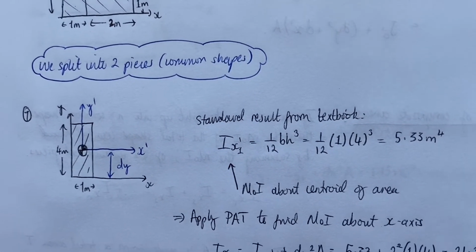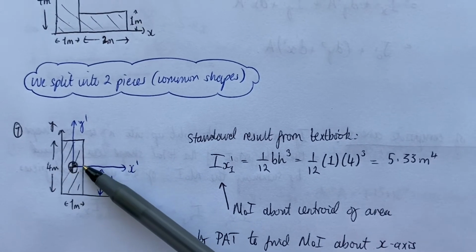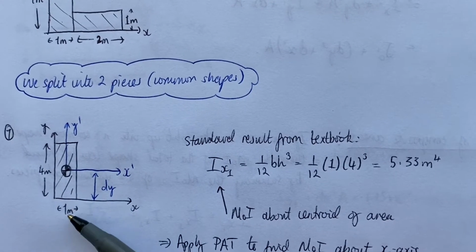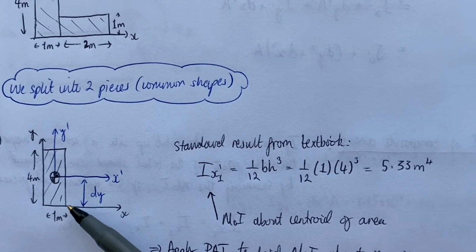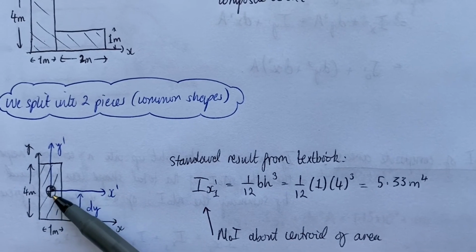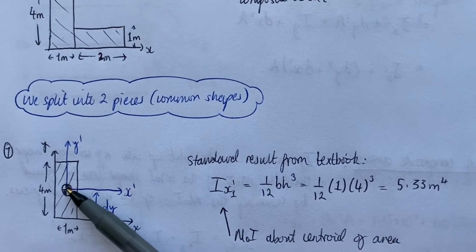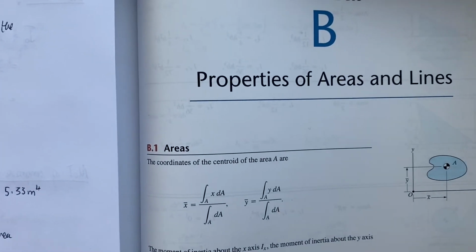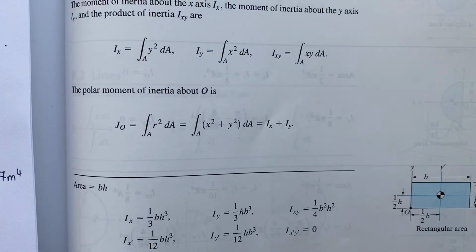So here's the first bit, look. We just have this one rectangle, 4 meters high by 1 meter wide, and we know the moments of inertia about the centroid of its area from the textbook. So let's go back into Appendix B and find information about rectangles.